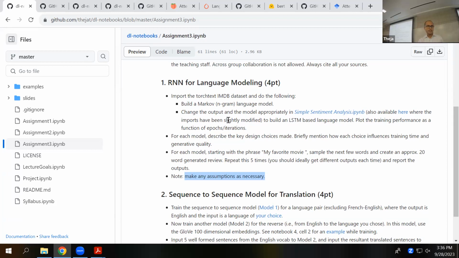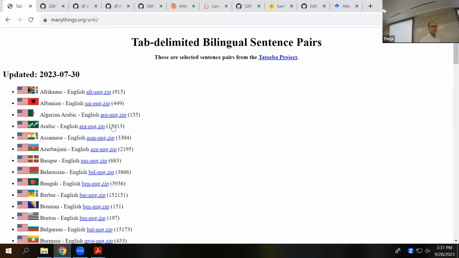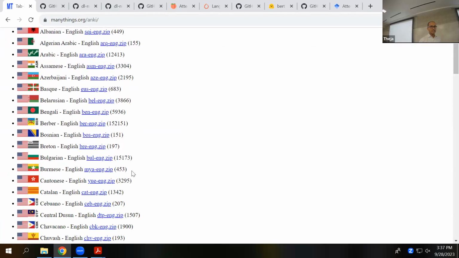The second question is doing language translation. It's an example that we have in the examples folder. You just have to pick a language pair from the link that you want to work with, and you can also use other languages.